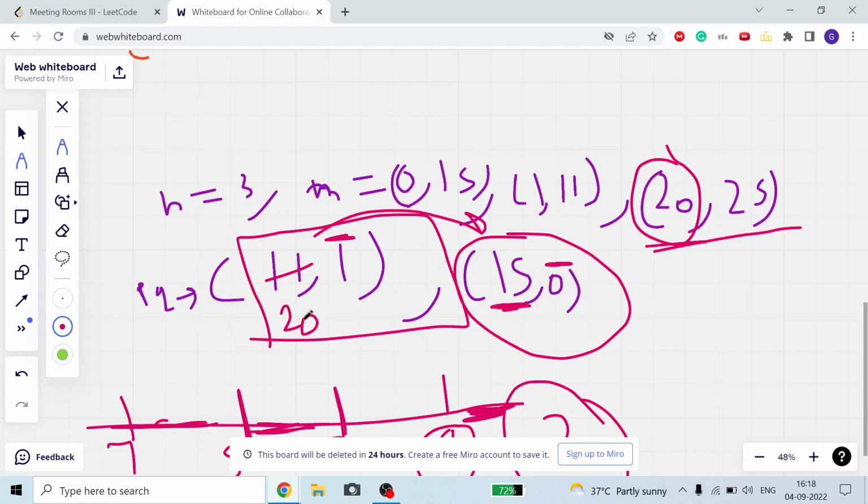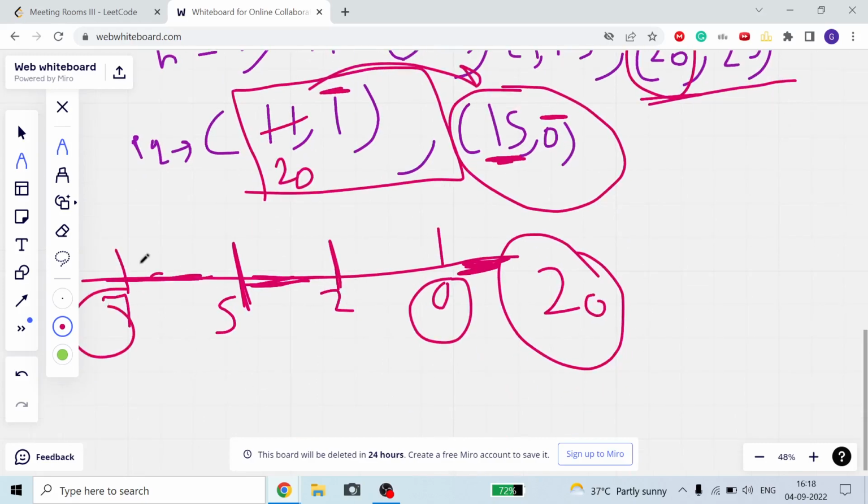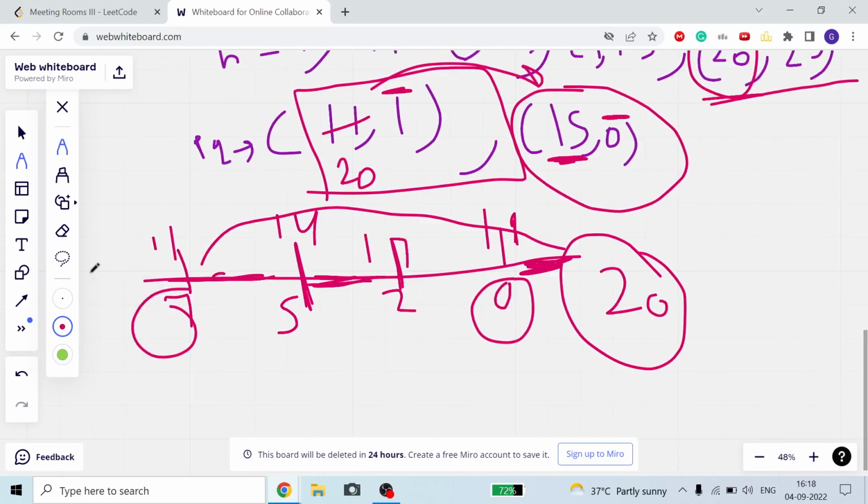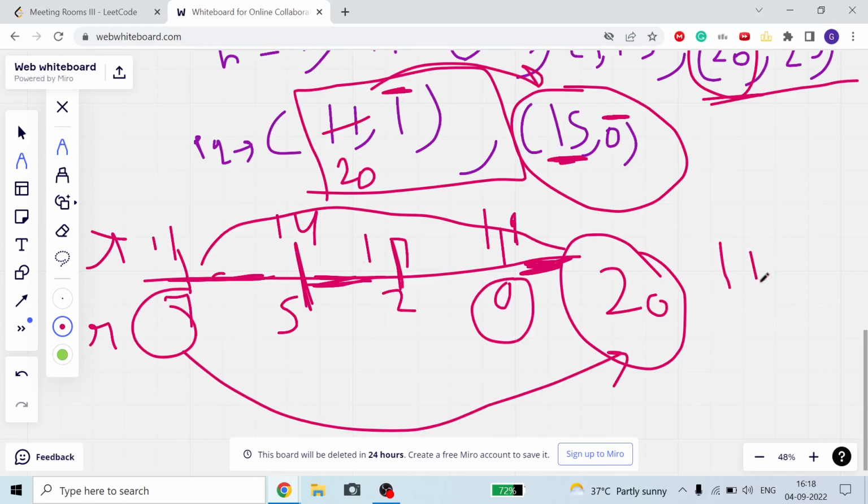Because if it is free at time 7 and no meeting comes till 20, suppose this is time 11, this is time 14, this is time 17, this is time 19. Then 11 comma 7, room number 7 will say okay, I am free at 11, so I will also be free at 20. So 11 comma 7 that is in our queue, we will make it 20 comma 7, meaning at 20 we also have 7.